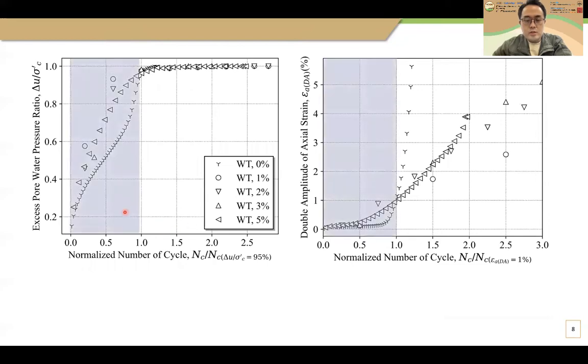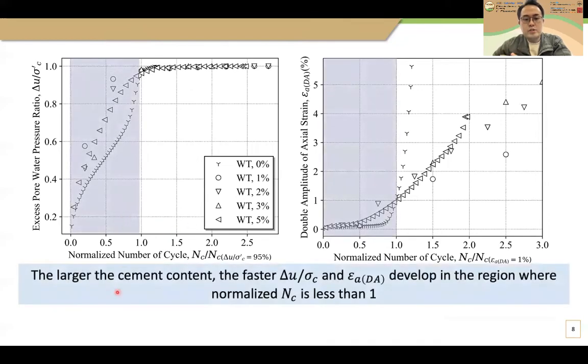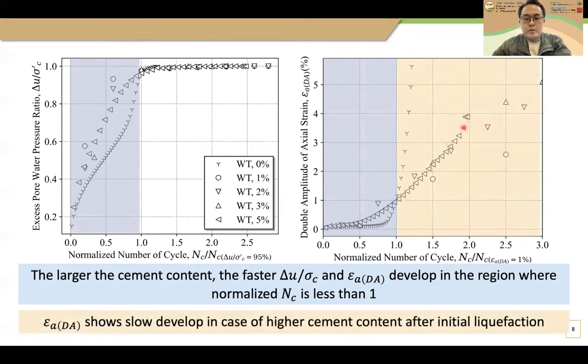As you can see in the blue colored area, the larger the cement content, the faster the excess water pressure ratio and double amplitude of axial strain develop in the region where the normalized number of cycles is less than 1. However, in the orange colored area, double amplitude shows slow development in the case of higher cement content after initial liquefaction.